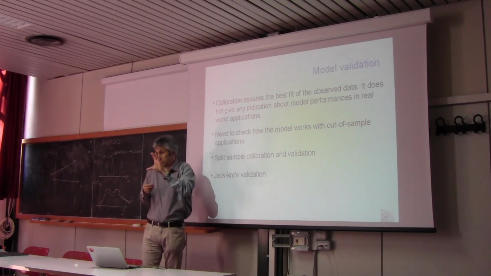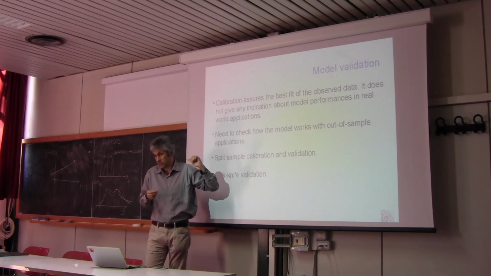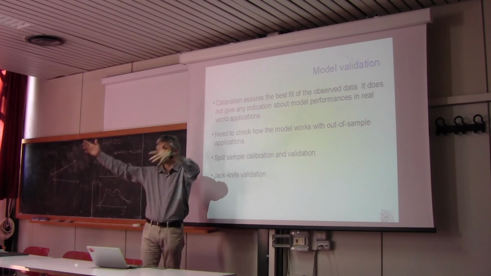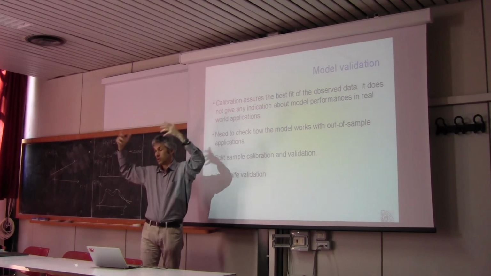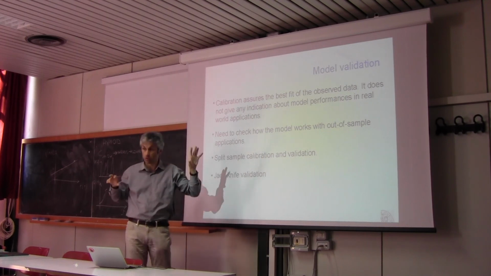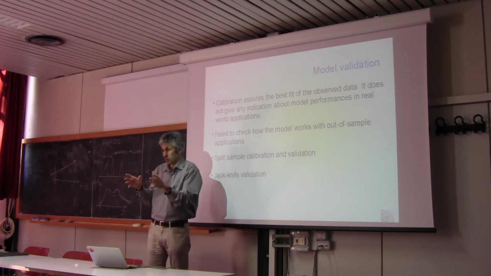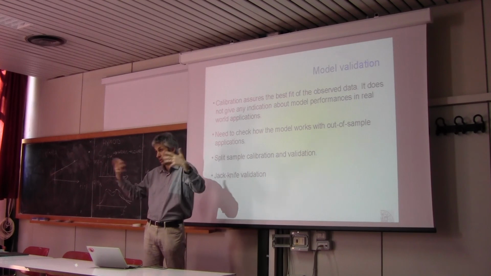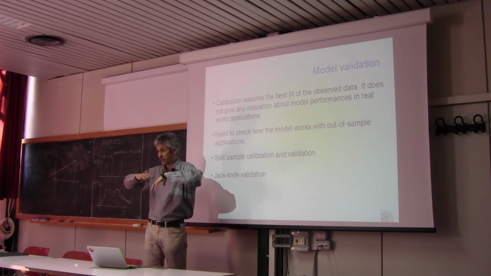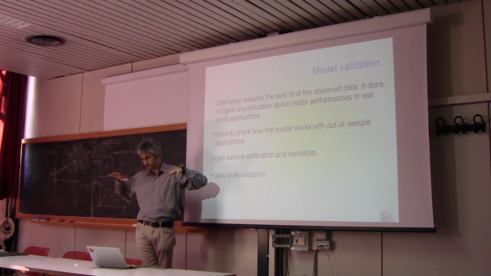So you have to assume that you didn't know that it occurred. You put yourself in a situation where you don't know anything, you just know rainfall. This is the only thing that you can assume that you know, because this is what you know in application. You usually know rainfall, you are measuring it. But you have to assume that you don't have any information on the river flow.